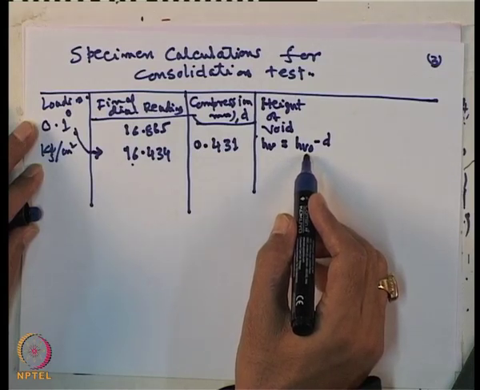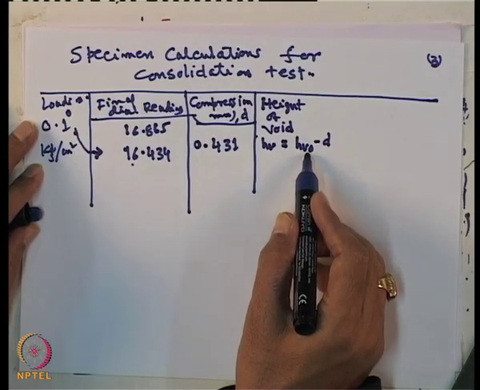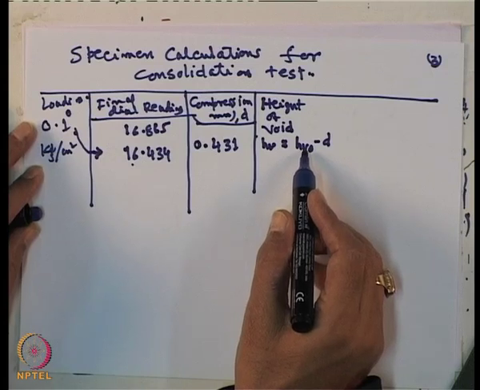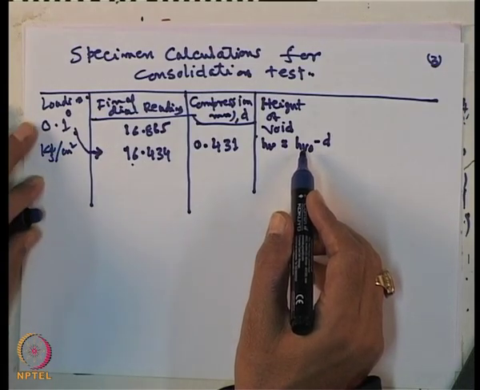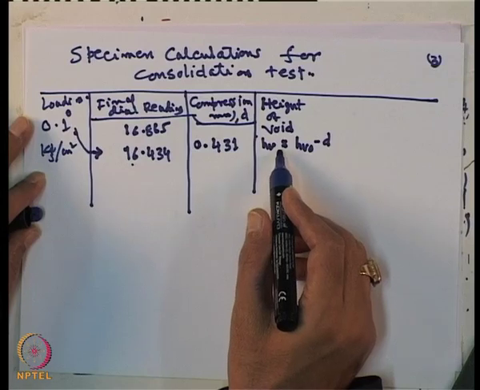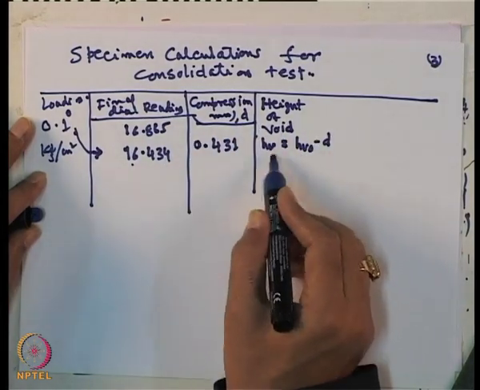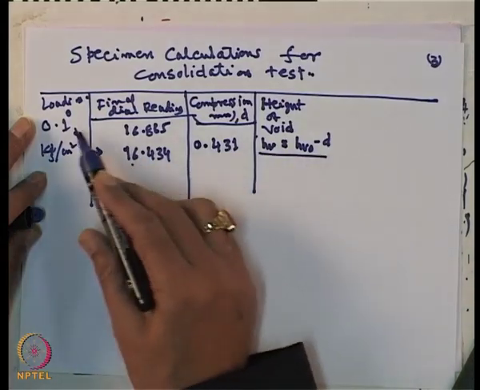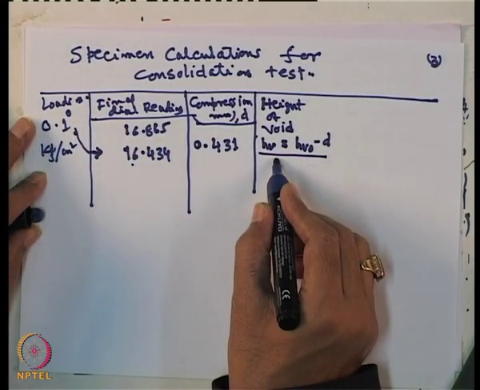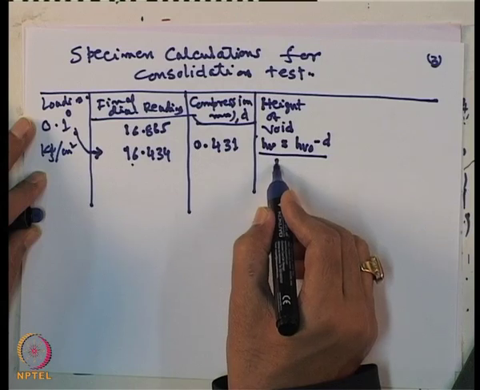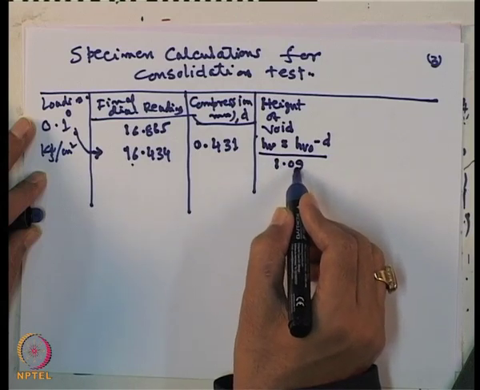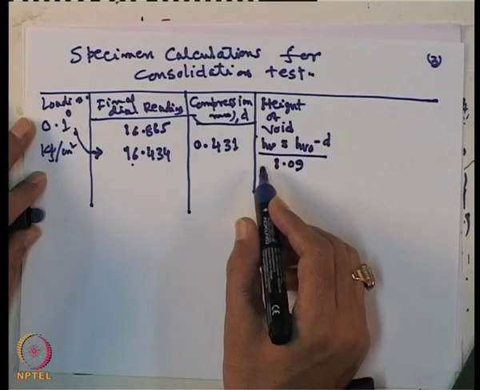So, what is the h of v0? Initially we take the reading, and for 0 load it is 1.09.